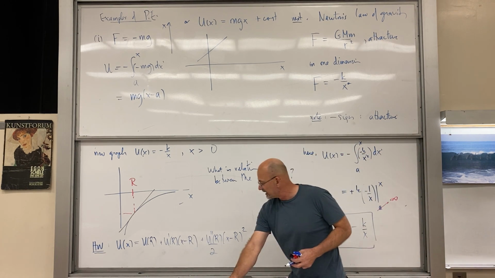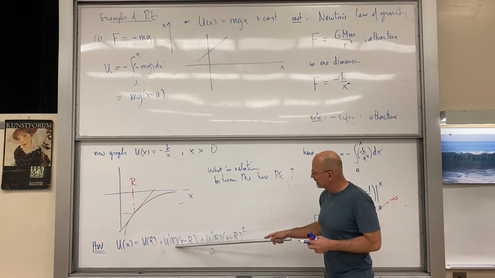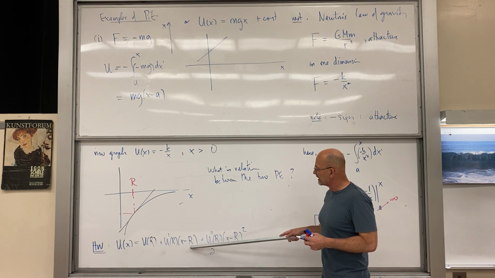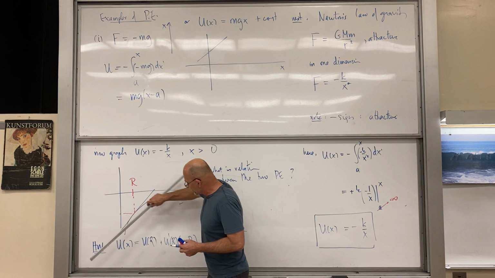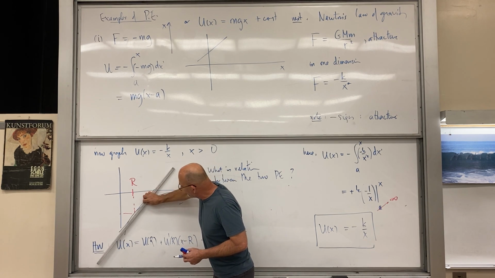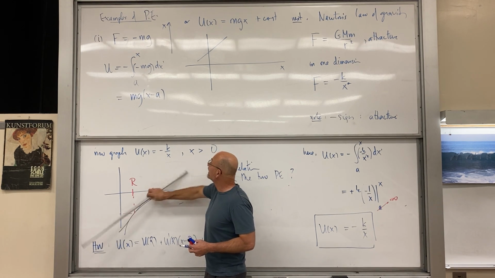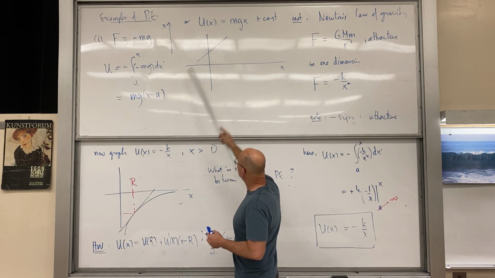And what you'll find is this U prime of r times x minus r really gives you the slope. This is a point-slope formula, so you're just getting the slope of that curve there, and these two can be identified with each other.